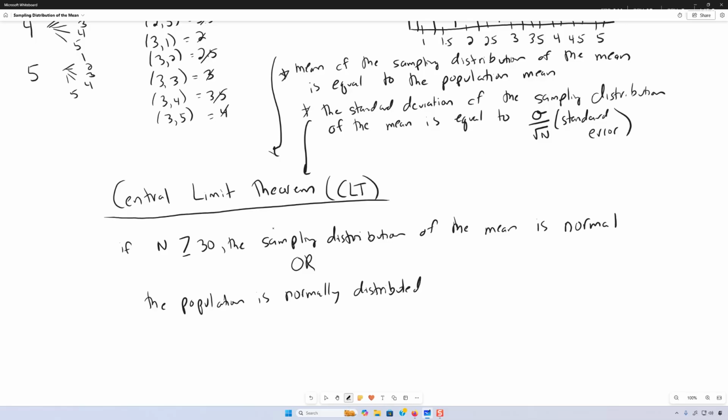So n is greater than or equal to 30 guarantees a normal distribution for the sampling distribution of the mean, or the population is normally distributed, that will also guarantee a normal distribution for the sampling distribution of the mean. So this all makes up the central limit theorem, which is a very important theorem in statistics. So that's kind of the theoretical aspect.